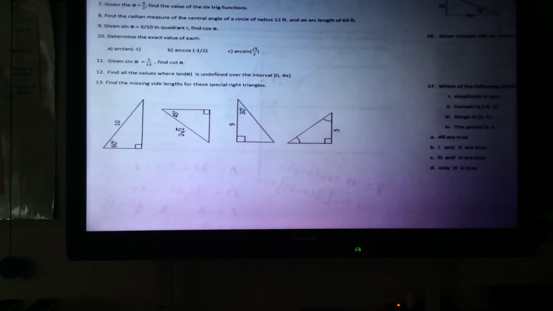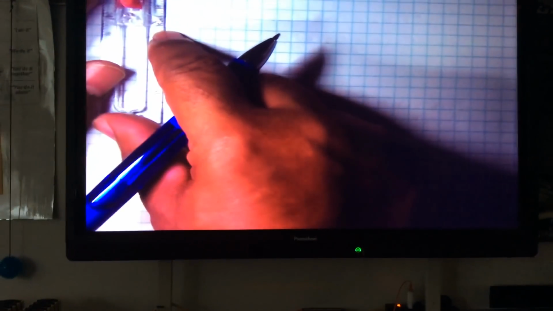Number 8 is asking us to find the radian measure of the central angle of a circle of radius 12 feet and an arc length of 64 feet. So I'm looking for this angle here, theta.